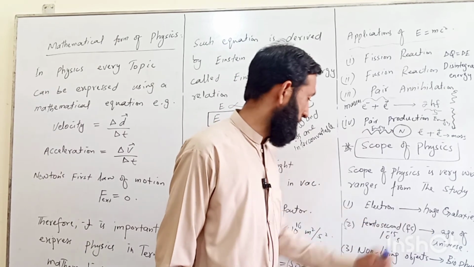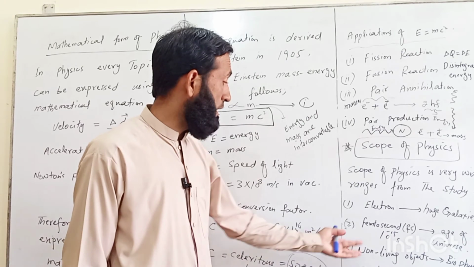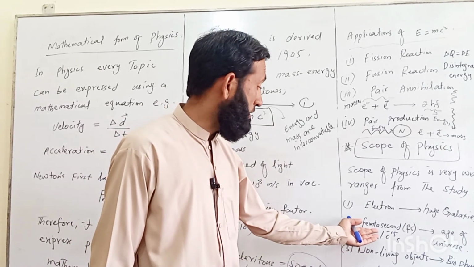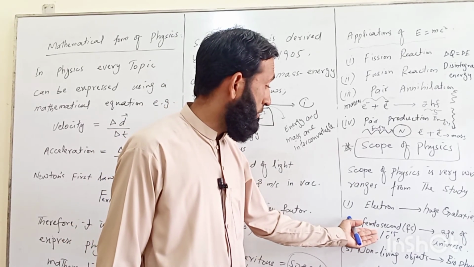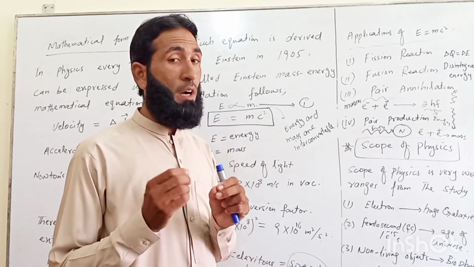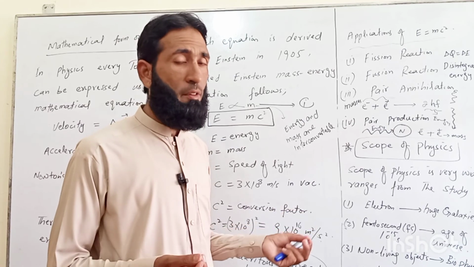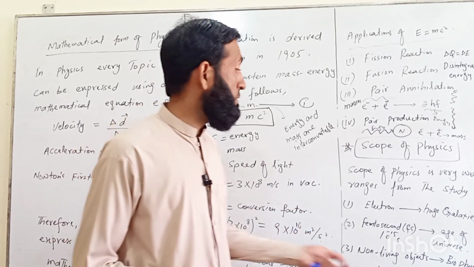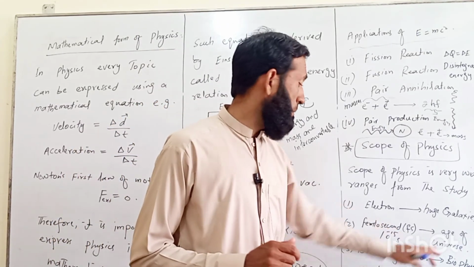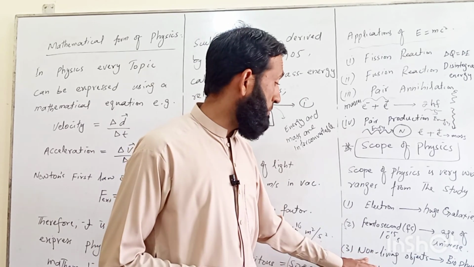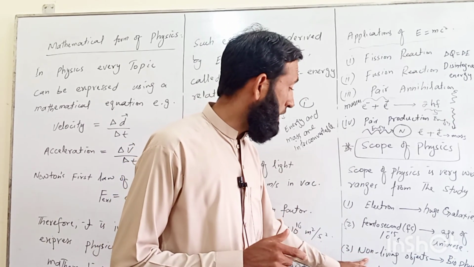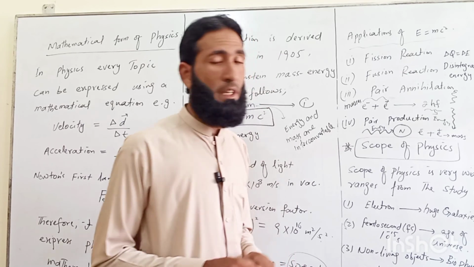Another scope of physics is that we can find the minutest time interval, up to femtoseconds, between two events, up to the age of the universe. Similarly, from non-living objects to biophysics and many more.